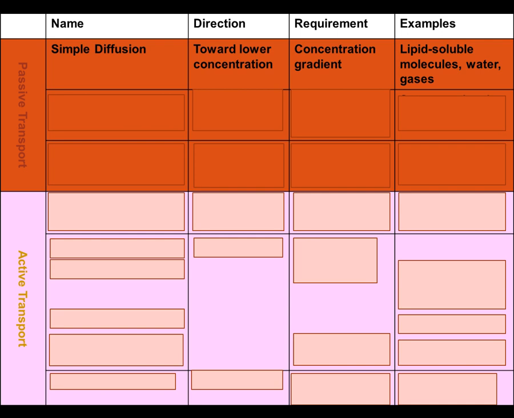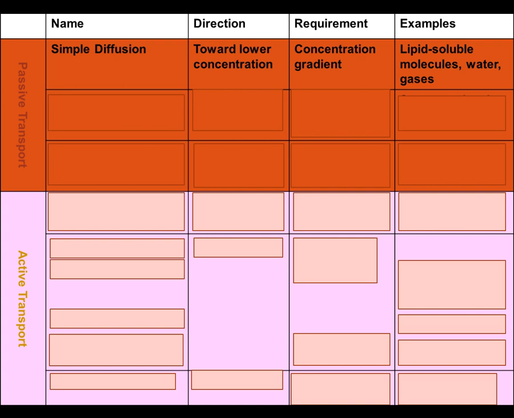What questions do you have about simple diffusion at this point? Now, if we think about limiting the movement of molecules across the cell membrane to being small and non-polar, that doesn't make sense, because cells do need larger substances like, say, glucose or other proteins, or even water in large amounts, to get across the cell membrane.